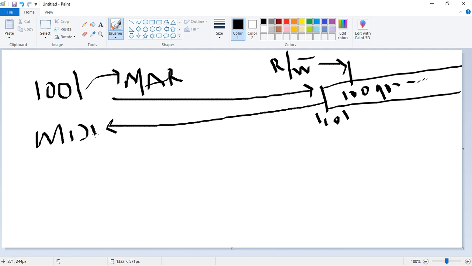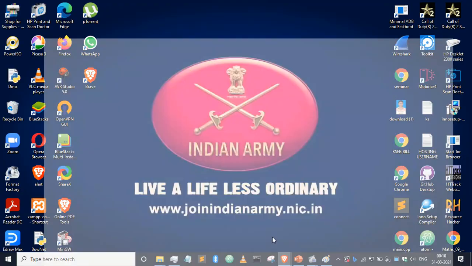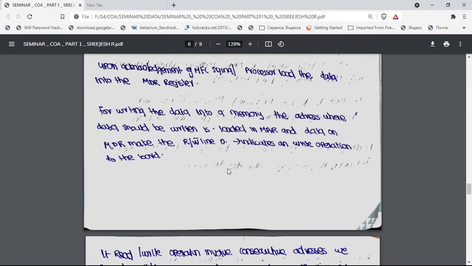So the MDR register will hold the data. Here we apply the address from where we want to fetch the data, and the MAR sends a request by making the read/write control 1. The data is accessed using the given address, and the content from that address is copied to the MDR register. That is what happens here.